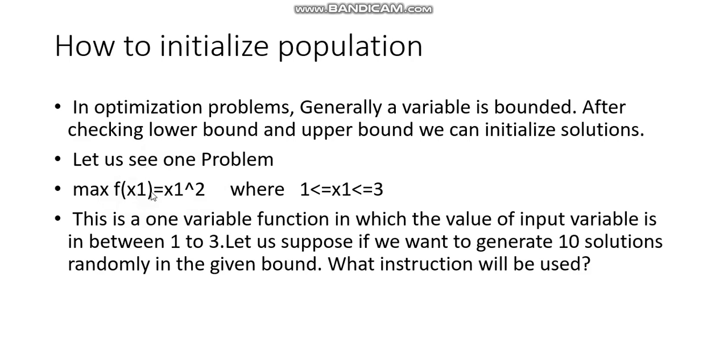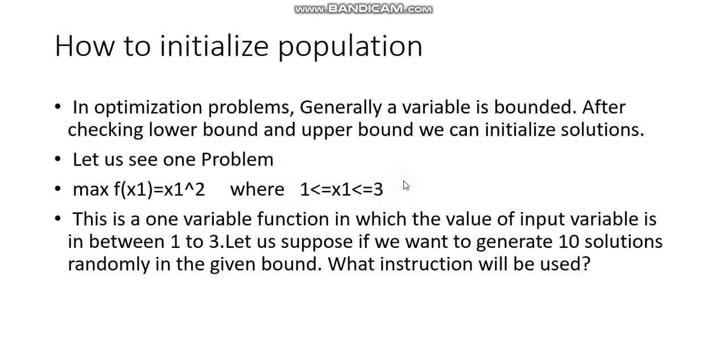Each variable in an optimization problem is bounded actually. If it is not bounded, then it will be discrete. If you are talking about a continuous search space, then the variable will be bounded. In this case, you can see the value of x1 is between 1 and 3. So the lower bound is 1 and the upper bound is 3.